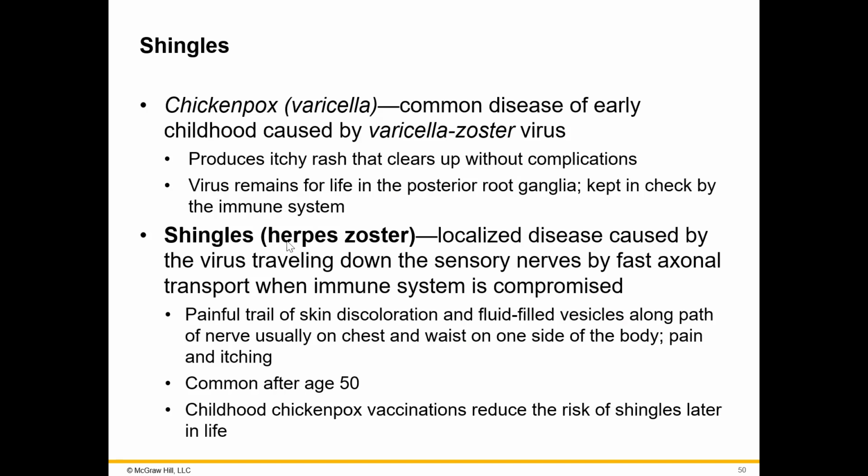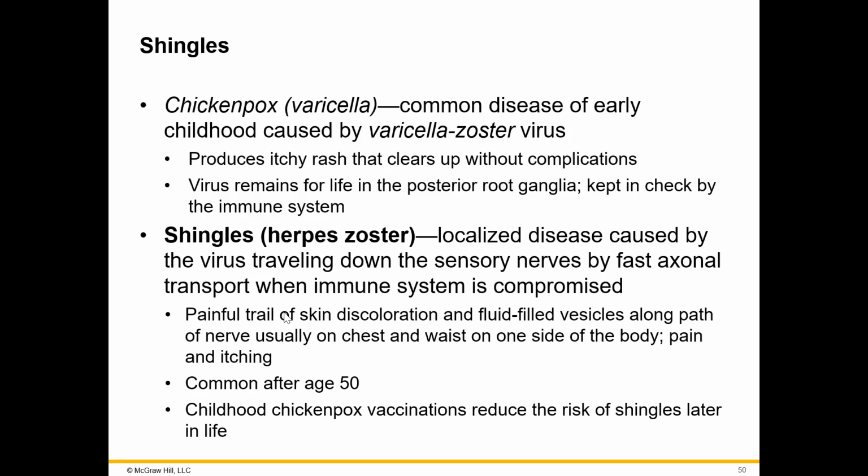Now, shingles, or herpes zoster, is different from chickenpox. It is a localized disease caused by the virus traveling down the sensory nerves by fast axonal transport when the immune system is compromised.